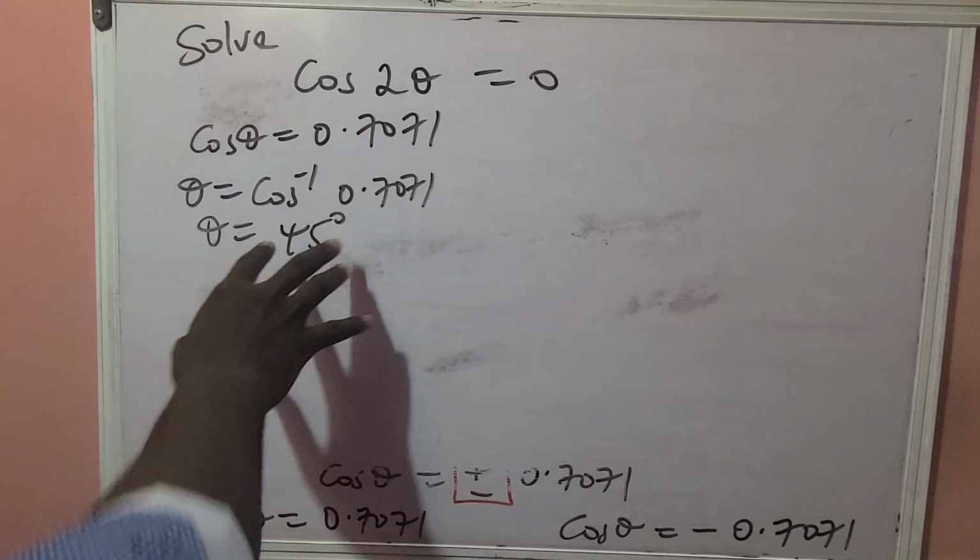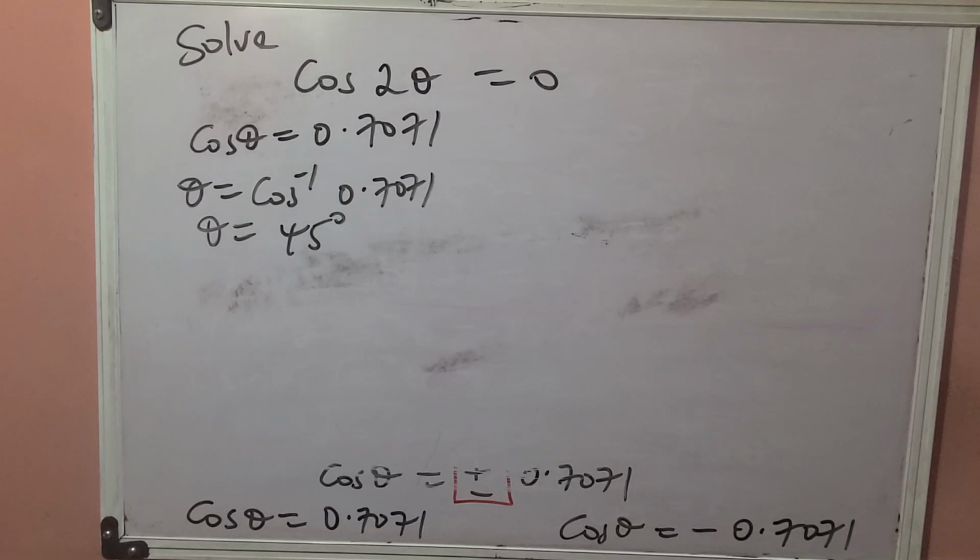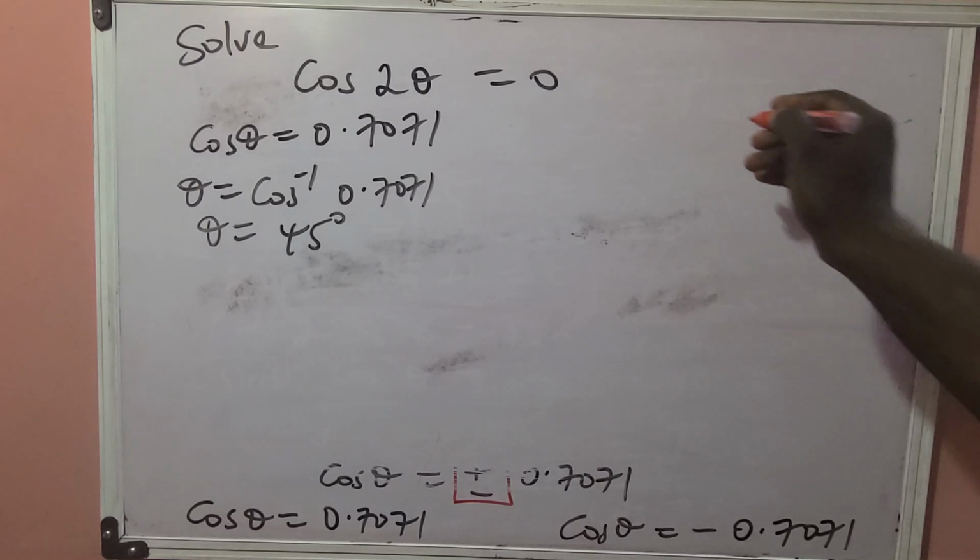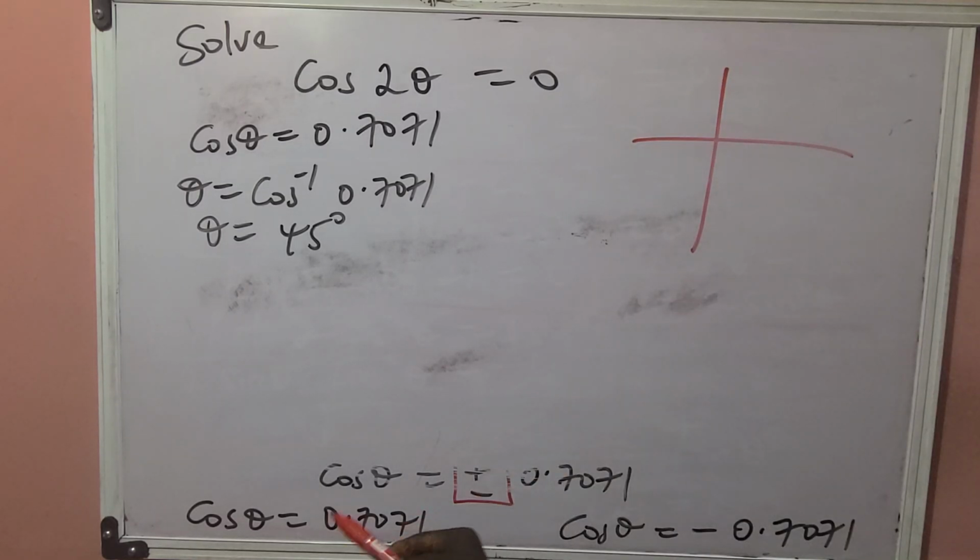So we have our theta being 45 degrees. But how do we find the answer for this? I've told you before that when you're solving this particular question, you have to look at the sign, and then investigate using your quadrant. Where would your cos be positive? Because in this case you have cos being positive here.